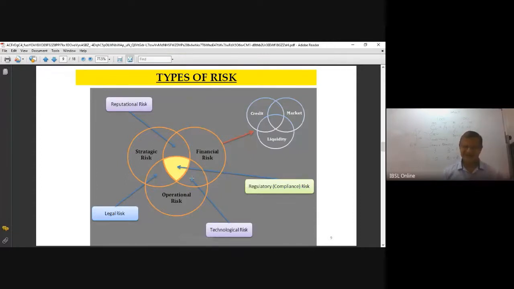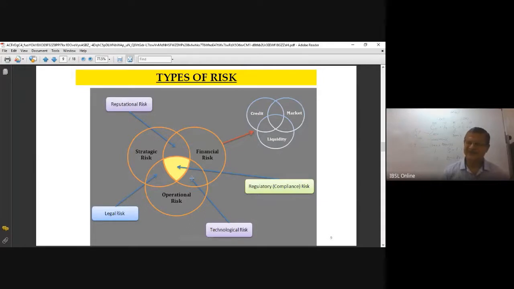We are a financial institution. We deal with money. As a result, the major 3 financial risks we undertake, the first is credit. Looking at our balance sheet, out of 100, 69 is given as loans and advances.